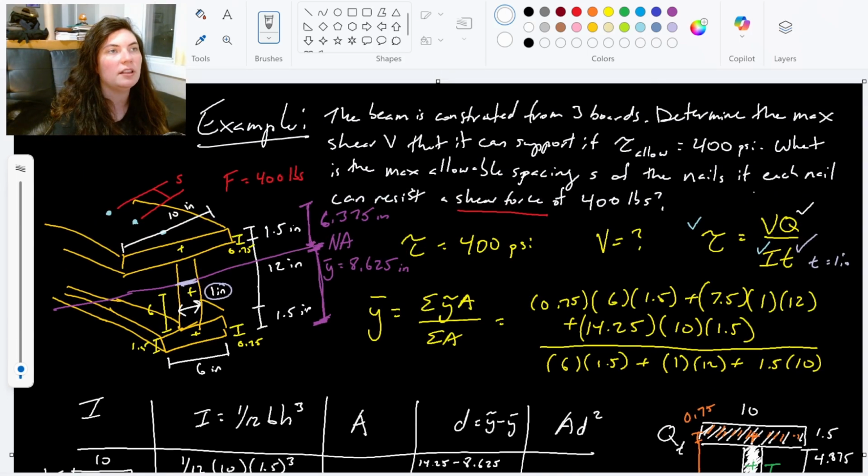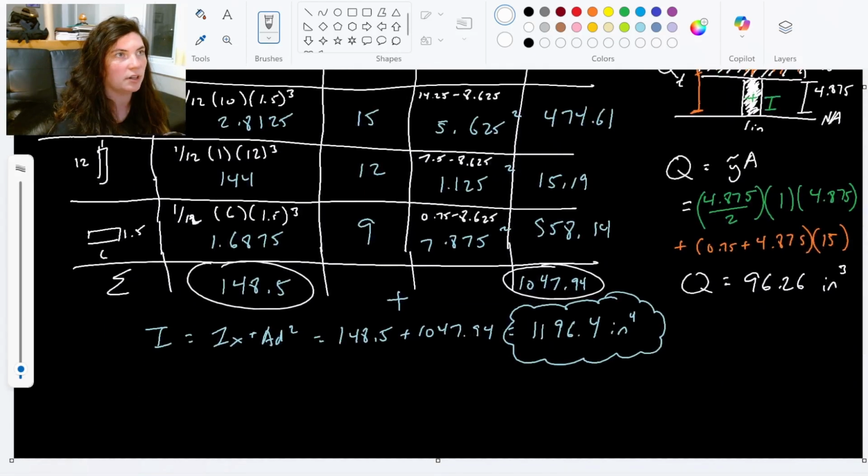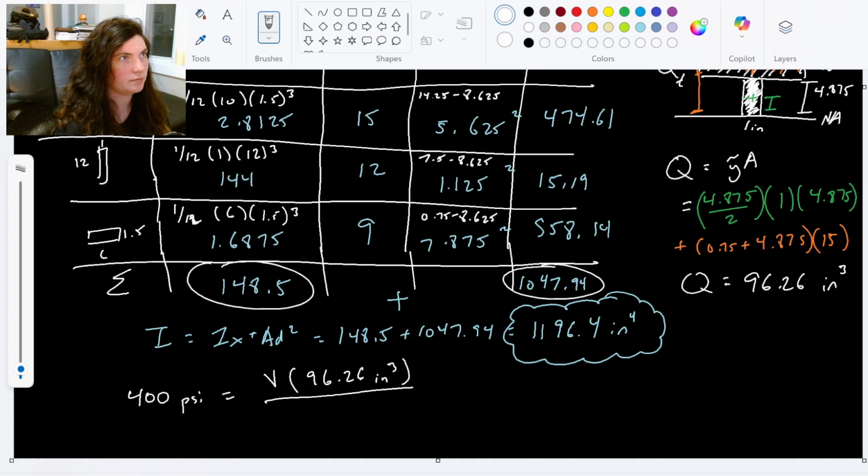We have everything we need in this shear stress equation to solve for the shear value. So we've got 400 psi equals shear times Q, 96.26 inches cubed, divided by our moment of inertia.